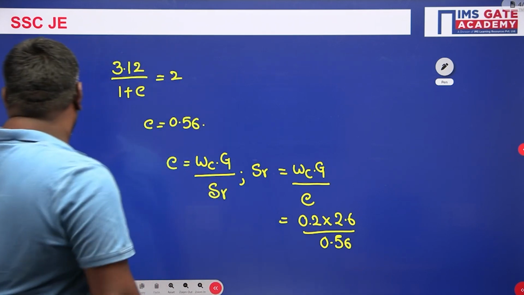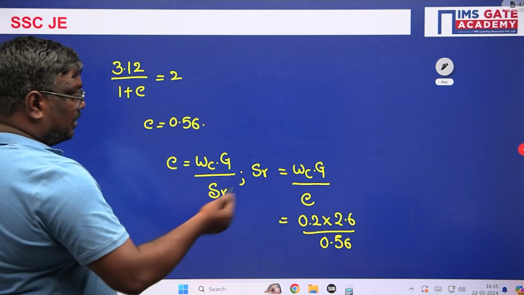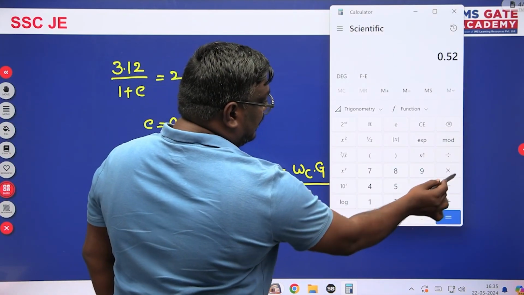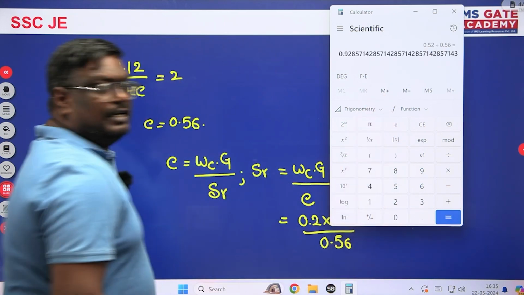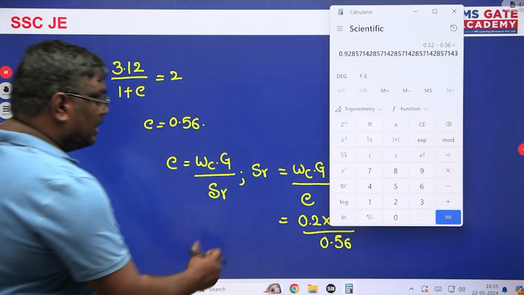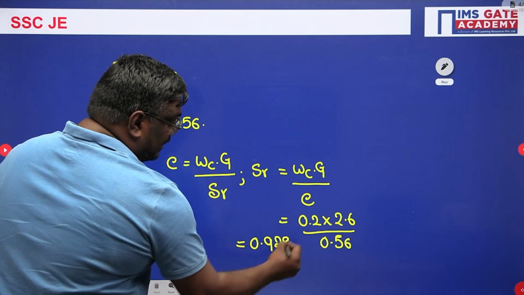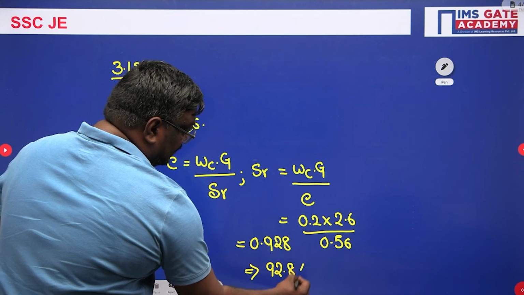If we do the calculation, 0.52 divided by 0.56, what is the value? It is around 92 percent. You will get 0.928, and this value will be equal to 92.8 percent.